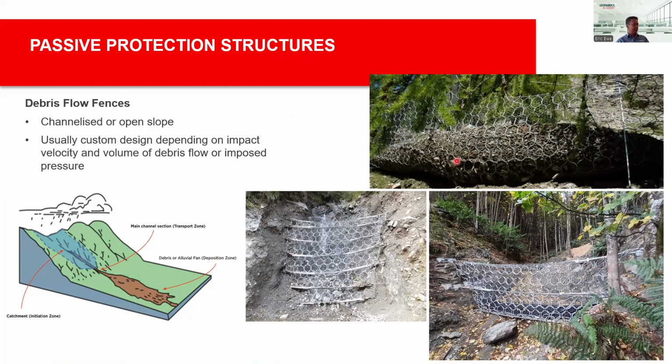After severe rainfall, usually the loose material will collect within the valleys, and this is where debris flow fences can be installed. They're usually custom designed depending on the impact velocity and volume of the debris flow, or some kind of imposed pressure to be designed for.